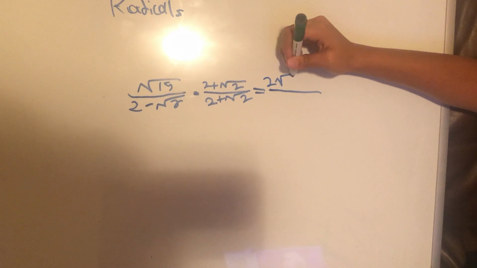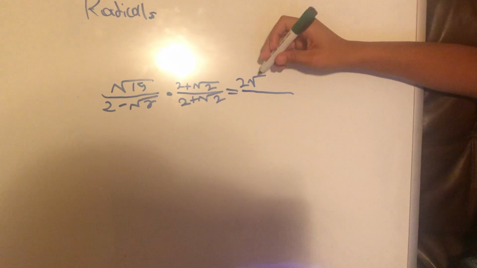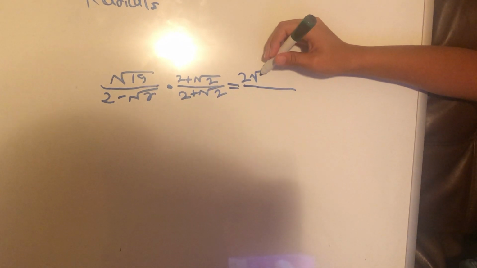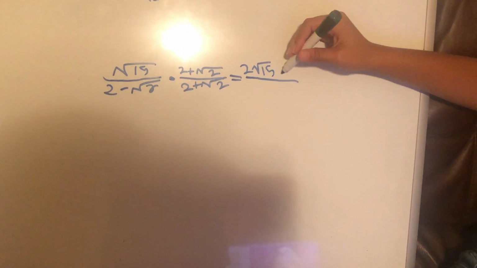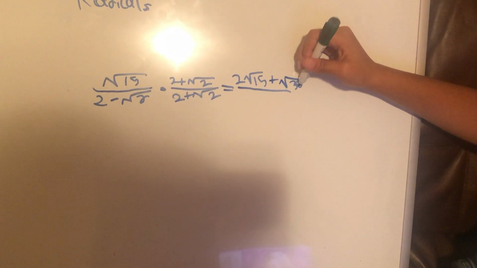So multiply radical 15 by 2 plus radical 2. You get 2 times radical 15 plus radical 30.